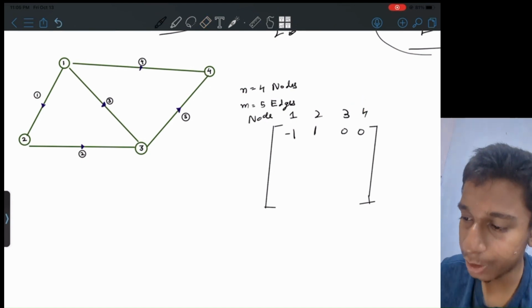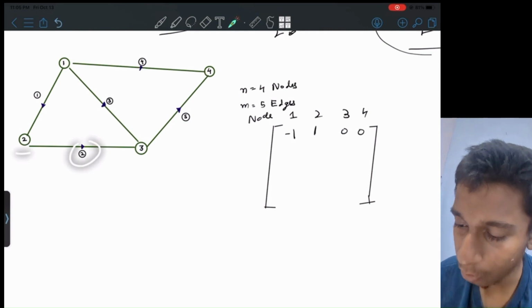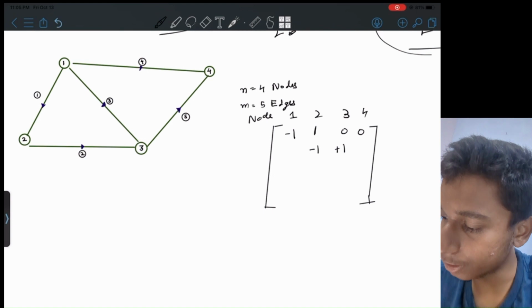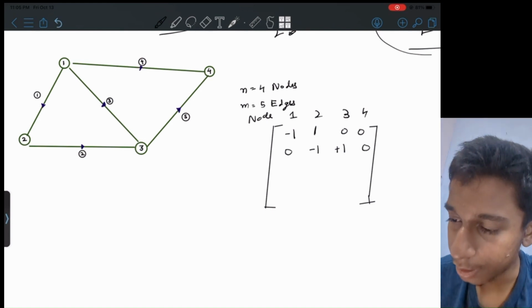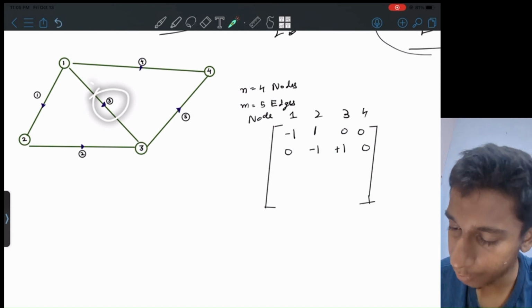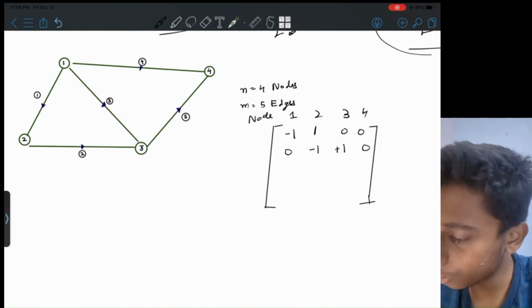Now for the second edge, which is from node 2 to node 3, it would get a minus 1 here and a plus 1 here. And the third edge, which is this one, is taking from node 1 to node 3.